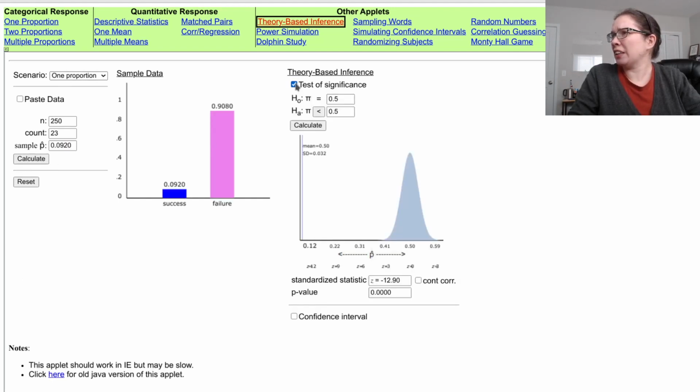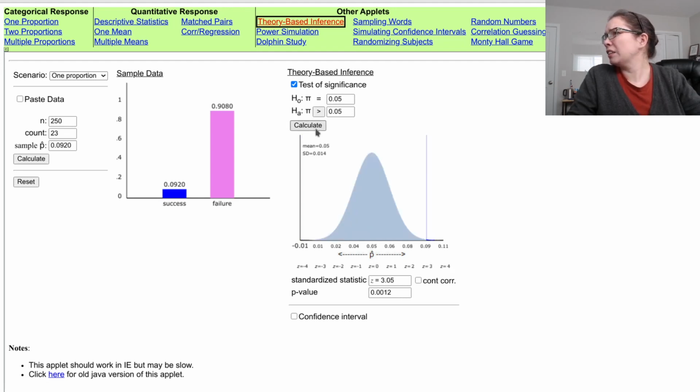We would like a test of significance, testing pi greater than 0.05. We get our standardized statistic as 3.05. That's good. It's always nice when what we got more or less matches what we calculated manually. And our p-value is 0.0012.